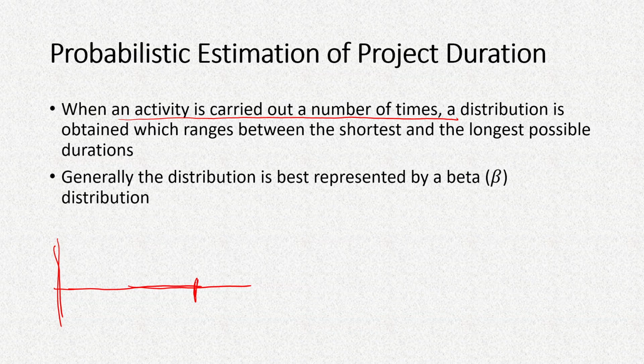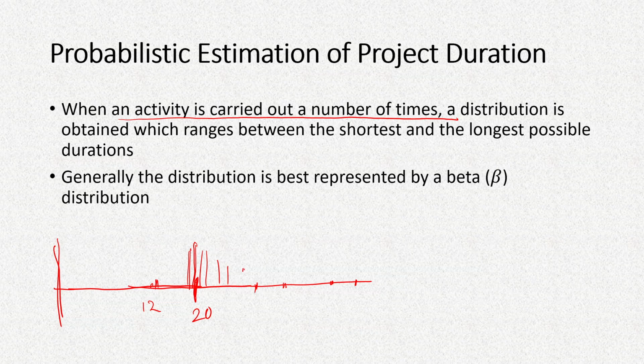Generally, in deterministic estimates, we'll say that it will be completed within 20 days, but it is found that most of the times it will be around 20 days, but sometimes one or two times it will take, suppose, 12 days when everything goes in our favor, and sometimes if things go wrong, it may take even 28 days or 30 days or even 40 days.